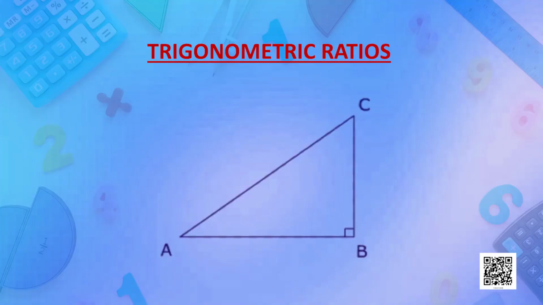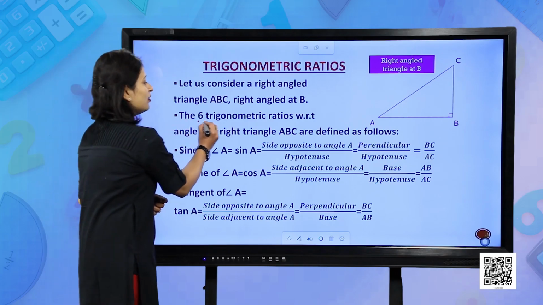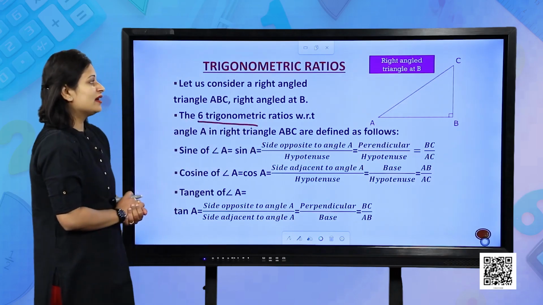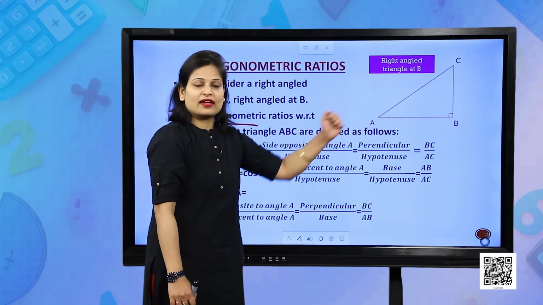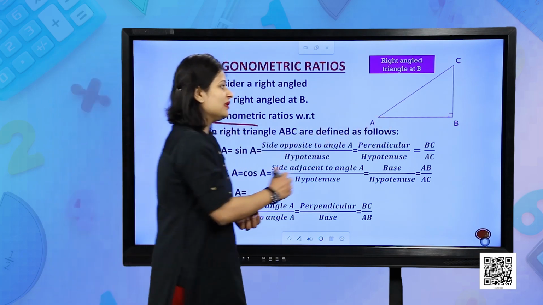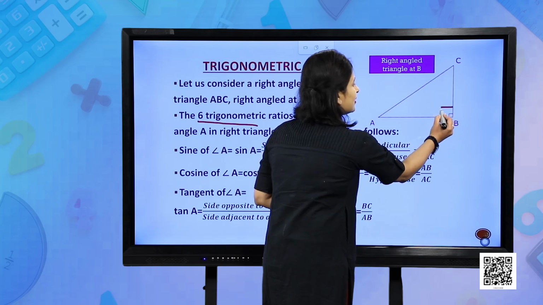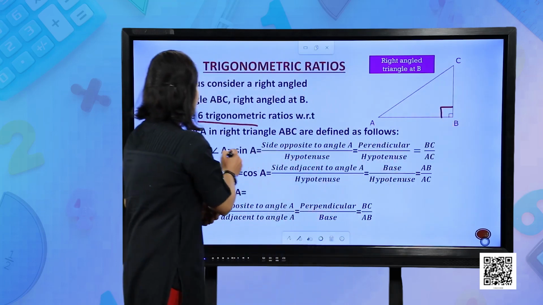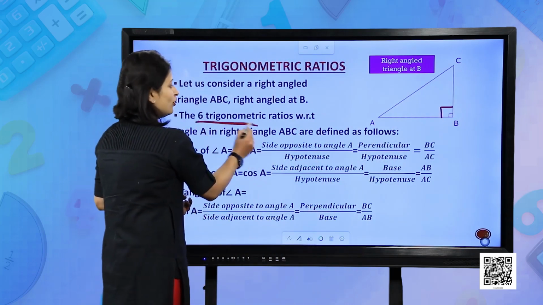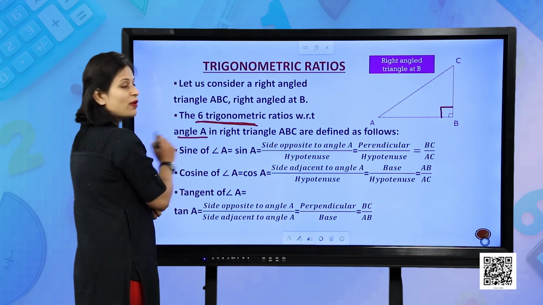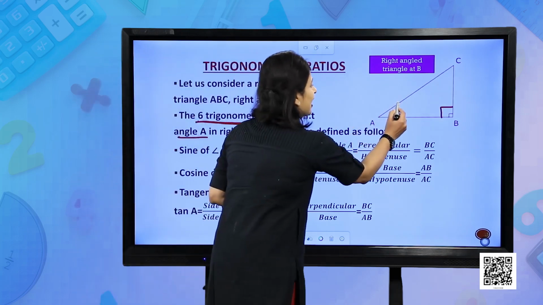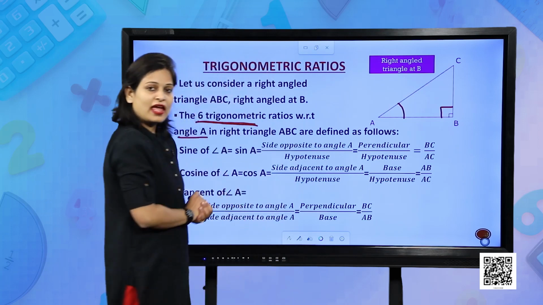Now, let us discuss the trigonometric ratios. There are 6 trigonometric ratios. Now, let us consider a right angle triangle ABC, means what? Angle B is 90 degree. Now, we are defining the 6 trigonometric ratios with respect to angle A. That means I am considering this angle.